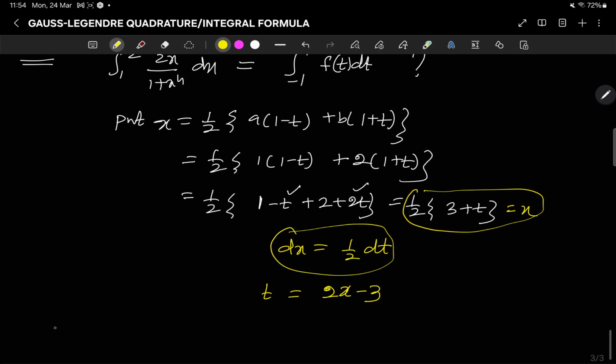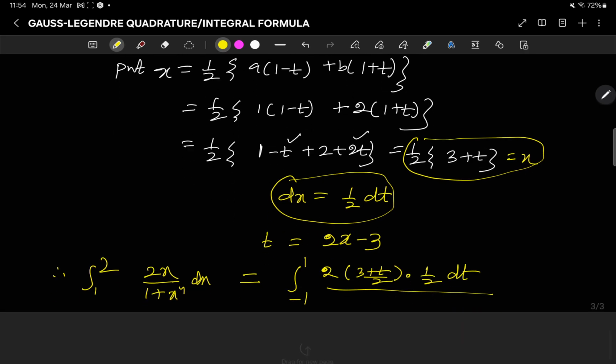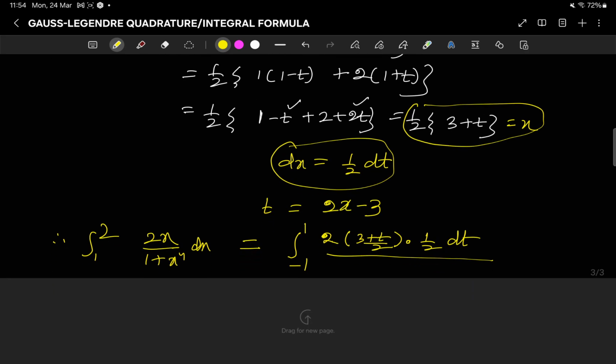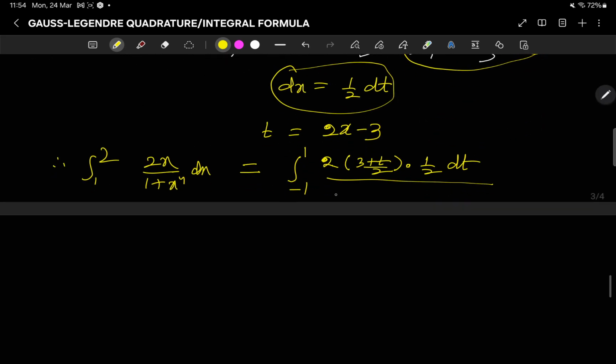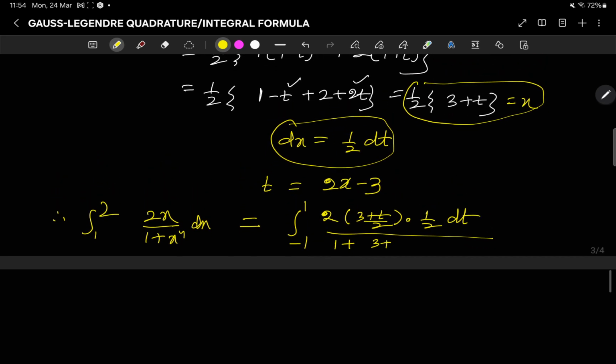So now this is my x, this is my dx. Therefore my integral 1 to 2 of 2x by 1 plus x fourth dx becomes, by default no need to check, integral minus 1 to 1 of twice the value of x, which is (3 plus t) by 2, and dx is half dt, divided by the denominator 1 plus x fourth, which is 1 plus ((3 plus t) by 2) whole to the power 4.